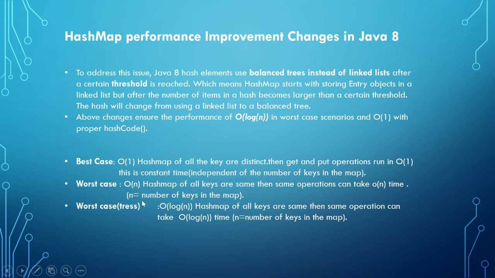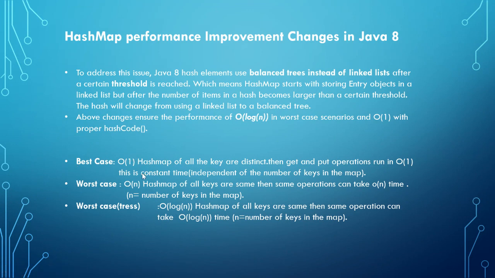In the worst case, all the keys have the same hash code, and the operations take log n time, depending on the number of keys in the map.